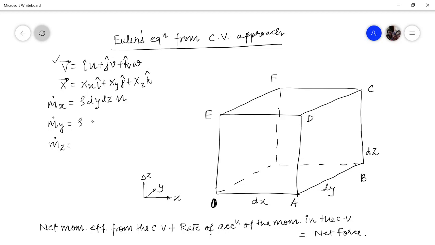Likewise m dot y is rho dx dz v, and m dot z is rho dx dy w.